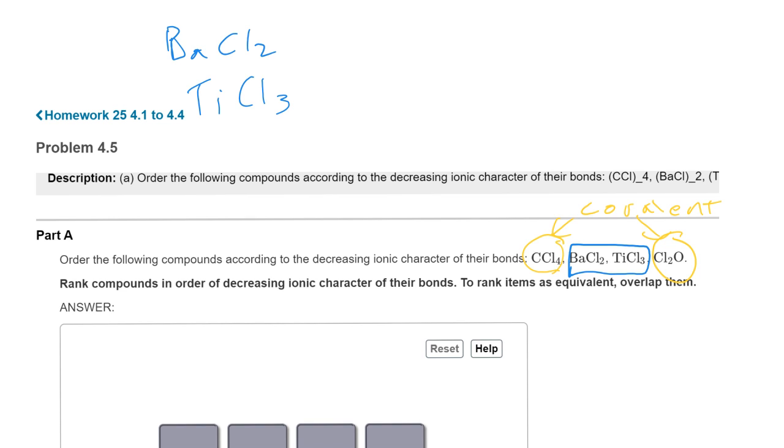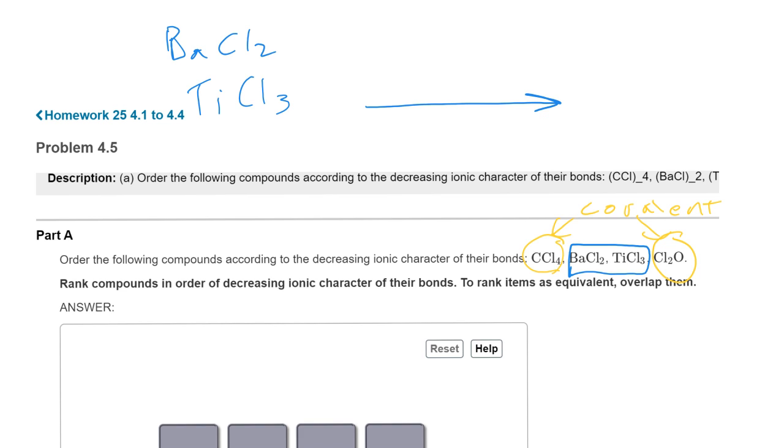Your book either uses 1.9 or 2.1. I've got two different textbooks and they use two different things out there. But basically, the greater the electronegativity difference, the greater the ionic characteristic. We said that electronegativity increases this way across the periodic table.